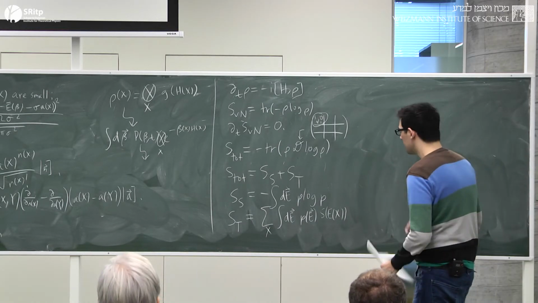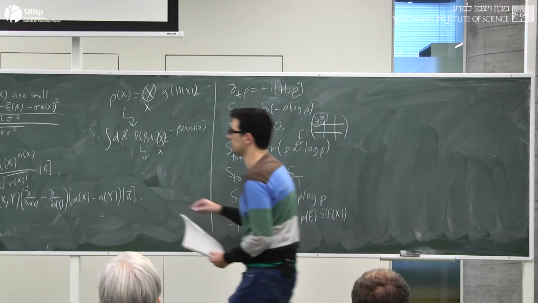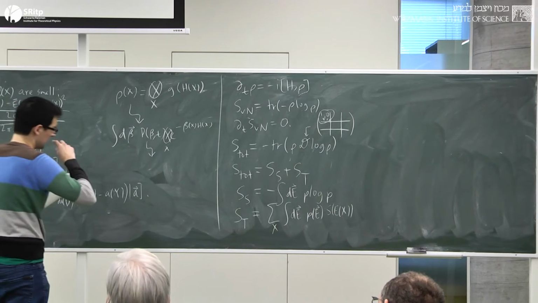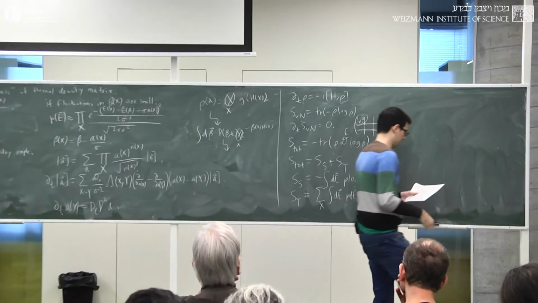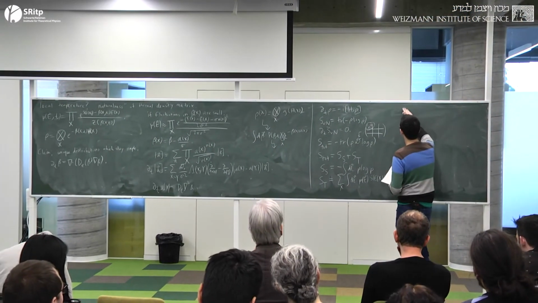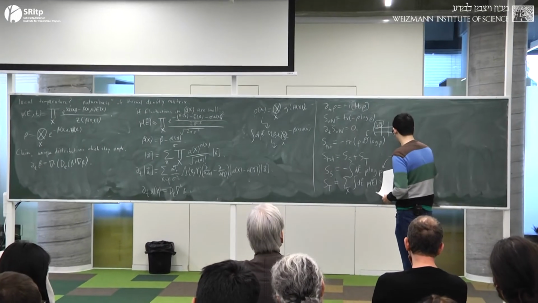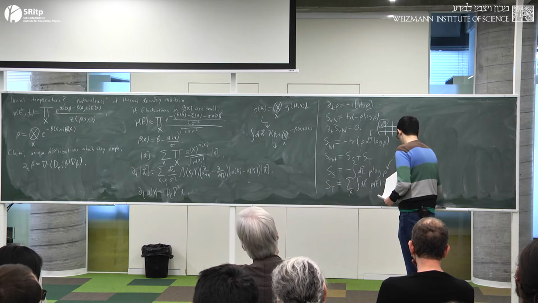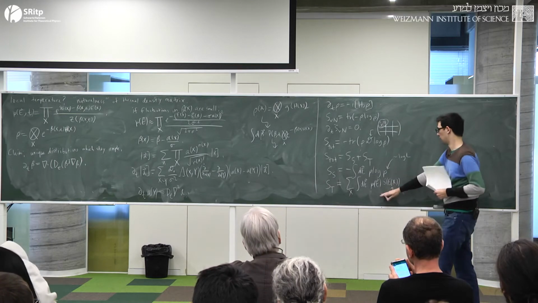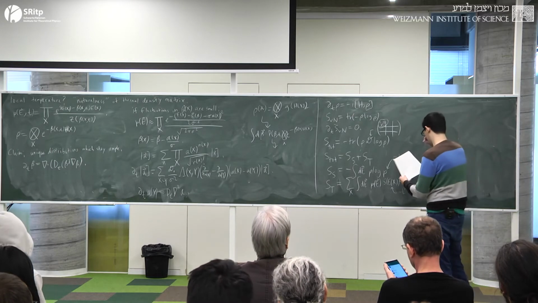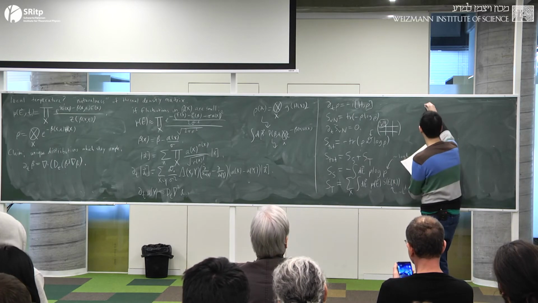All right. Now let me take one of these states over here, parameterized by a beta of x, and plug in. It turns out that this part scales like log L, while this part scales as L to the D, so only the thermodynamic entropy wins in the thermodynamic limit.